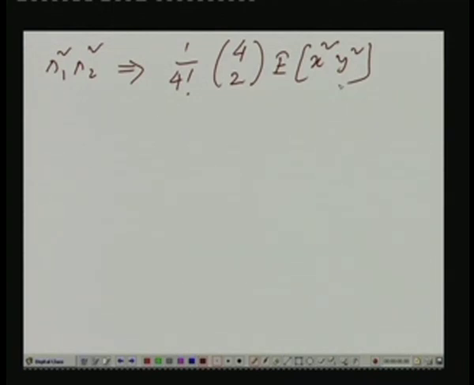Now, earlier we have seen the joint characteristic function for such random variables. What was that?